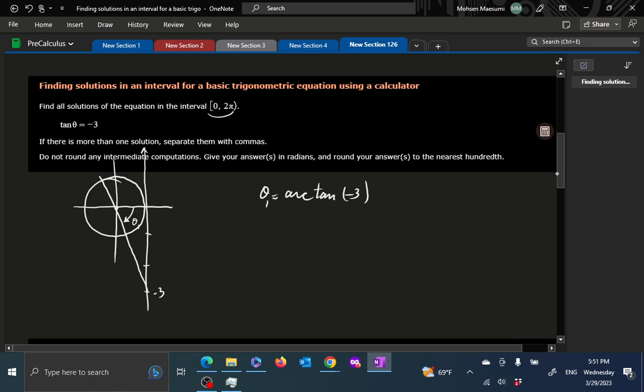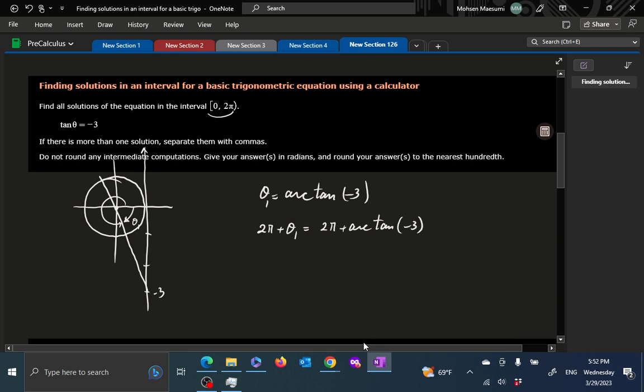So what do we want to do? We want to go all the way around. So 2 pi plus theta 1 is going to be a number that we are looking for. So it's going to be 2 pi plus arctangent of minus 3, or if you wish, 2 pi minus arctangent of 3 itself. So what happens? 2 pi would have been a full circle. I'm backing down by theta 1, and that's my angle.